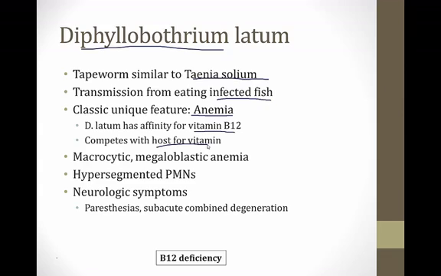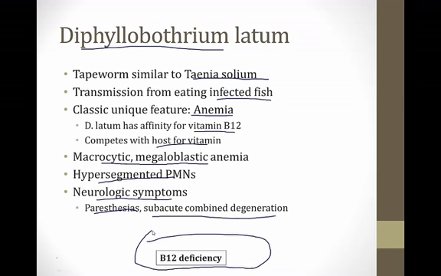So even though someone may be eating enough B12, it'll all be going to the worm instead of to the person. So the patient will get all the classic symptoms you know of B12 deficiency: a macrocytic megaloblastic anemia, hypersegmented neutrophils, and neurologic symptoms like paresthesias and subacute combined degeneration. And really the main thing to remember about this helminth is the B12 deficiency.